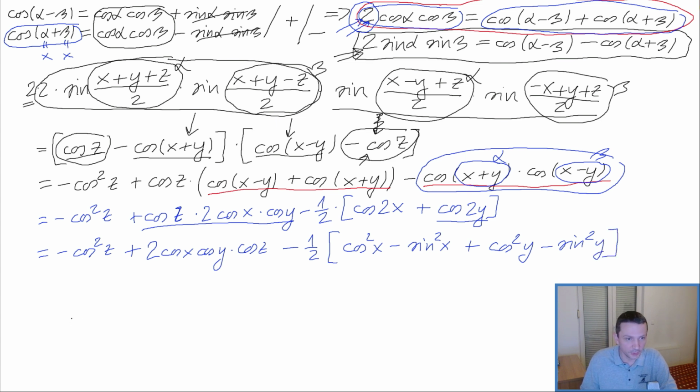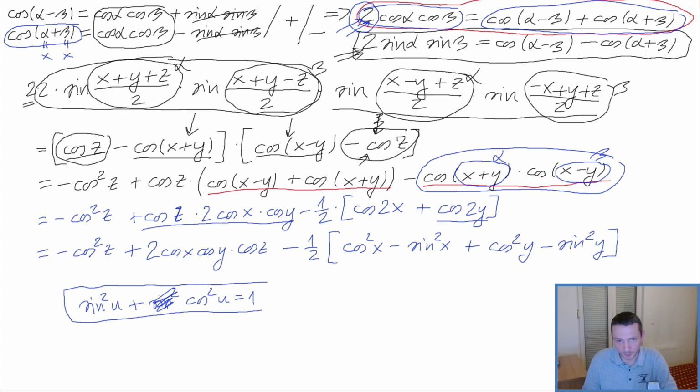And finally, using the elementary relation between sine and cosine, that sine squared u plus cosine square u equal to 1, this is nothing but the Pythagorean theorem.